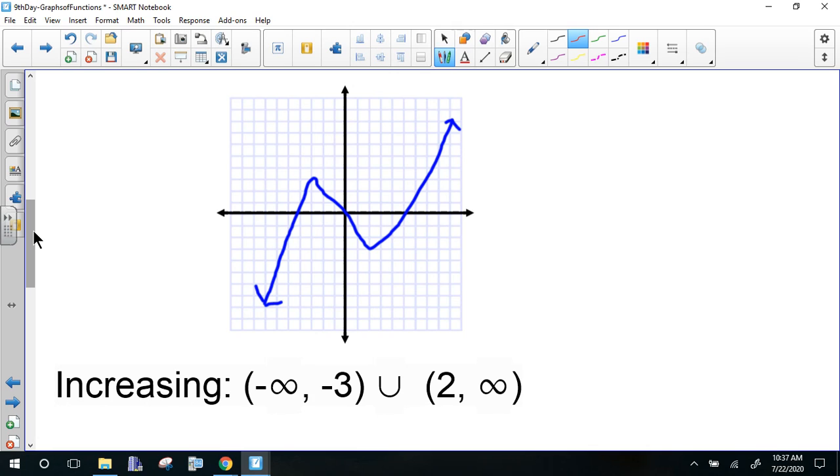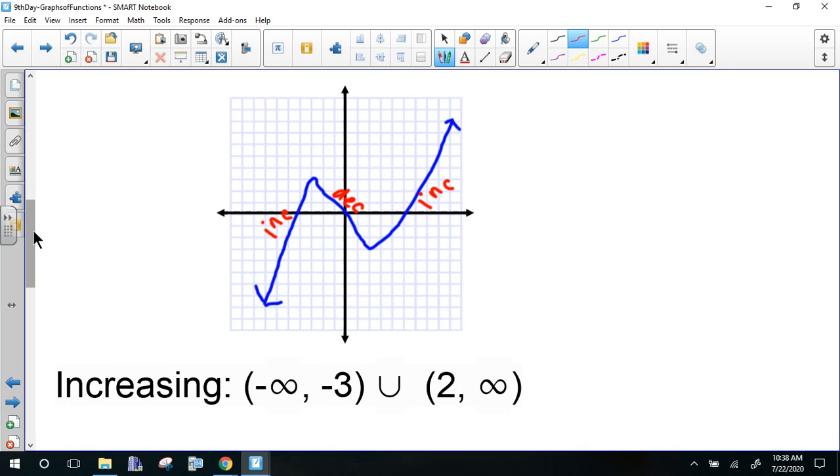Up and to the right is increasing. So we have two areas that are increasing here. Decreasing is down and to the right. Okay. And we want to name these by the x values, only using parentheses.